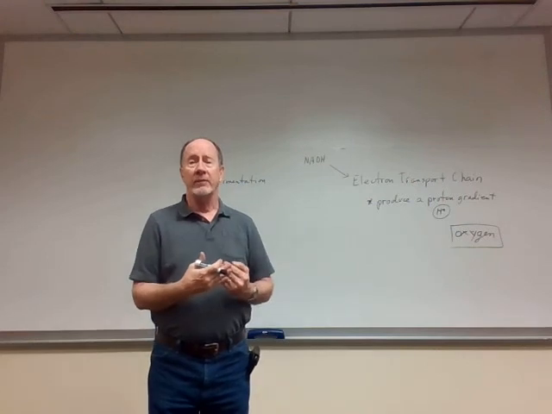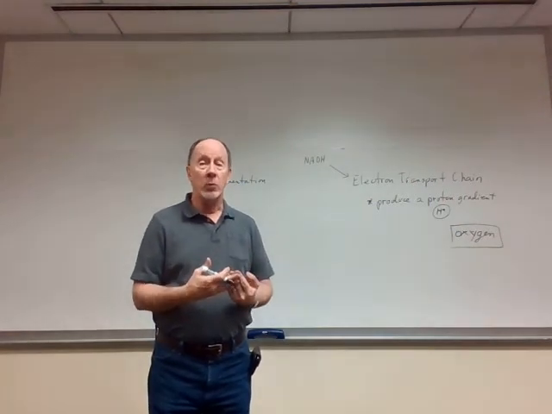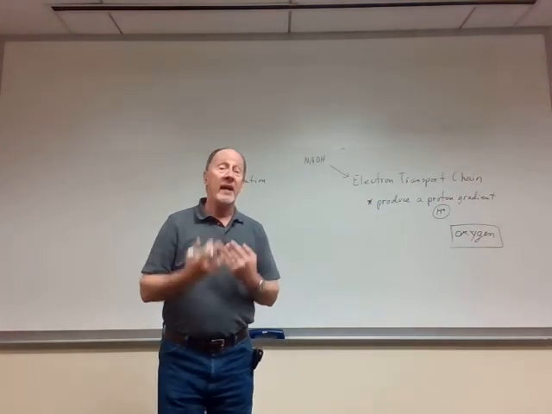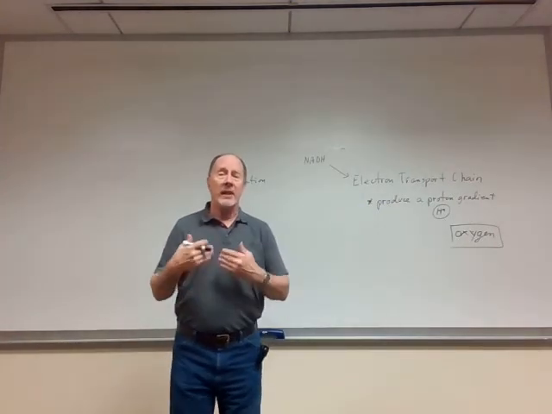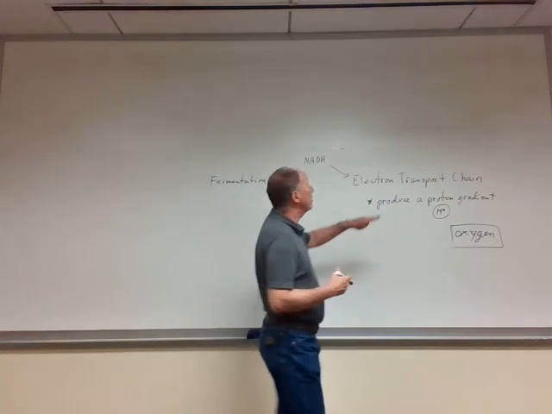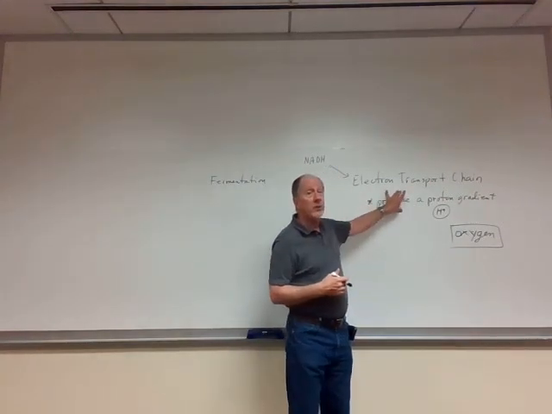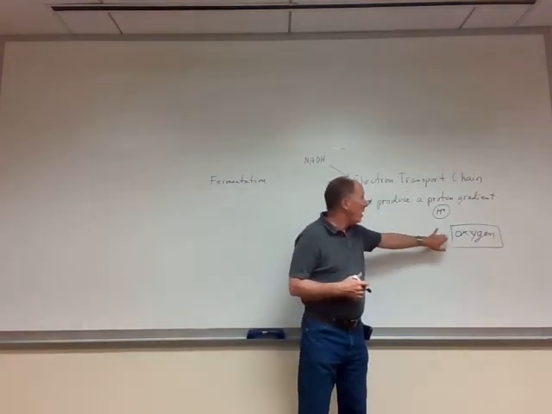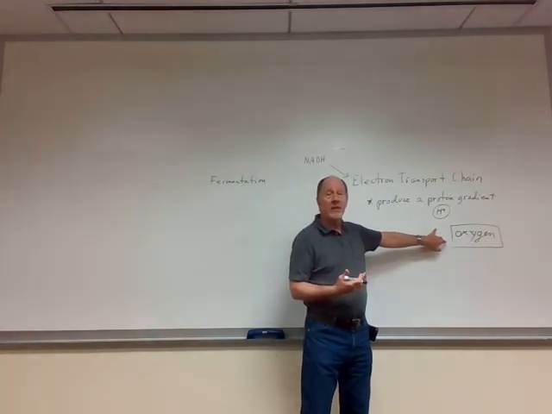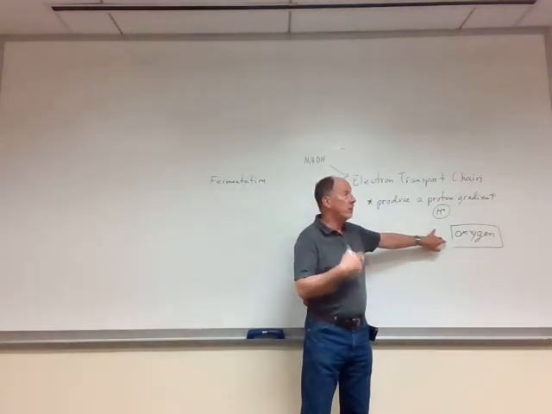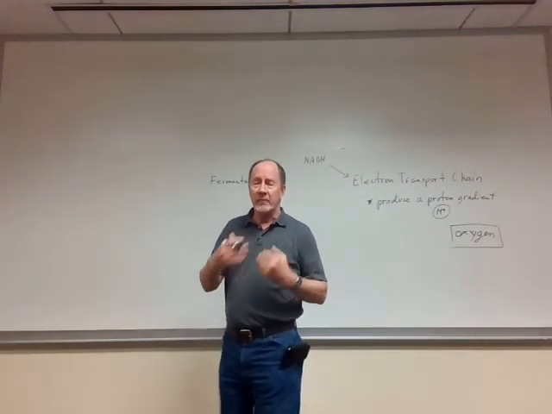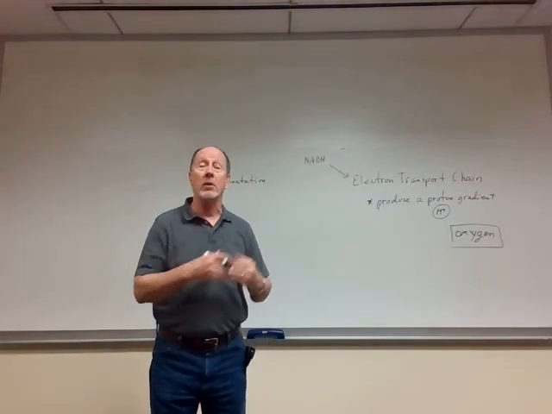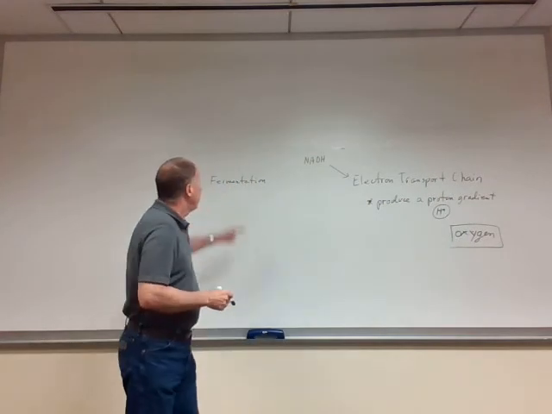Anaerobic respiration means, yes, it's respiration without oxygen, but anaerobic respiration and fermentation are not the same thing. Anaerobic respiration also will use an electron transport chain, but it uses something other than oxygen as the final acceptor. It could be sulfur, it could be several other molecules. A lot of bacteria will do anaerobic respiration. In micro, you'll learn about that.